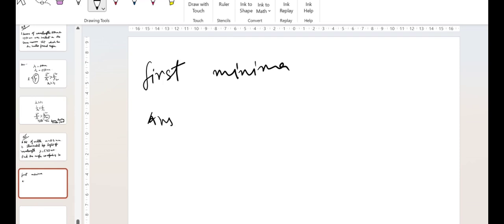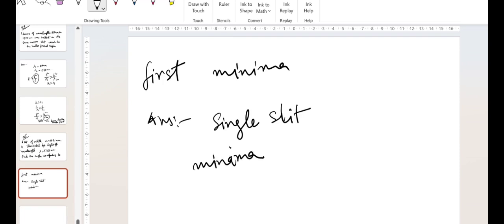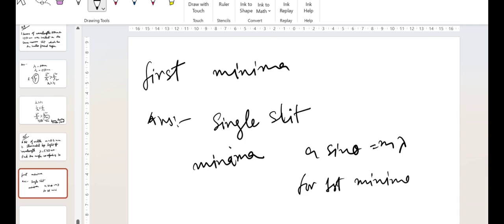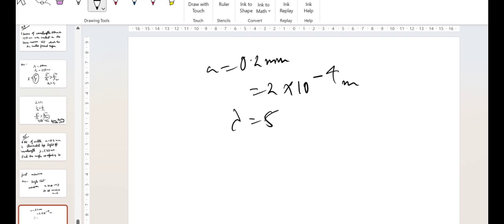So we know for a single slit, the minimum condition is a sin theta is equal to m lambda. For first minima, m is equal to plus or minus 1. So a is equal to 0.2 millimeter, which is 2 into 10 to the power minus 4 meter. Lambda is equal to 530 nanometers, which is 5.3 into 10 to the power minus 7 meter.